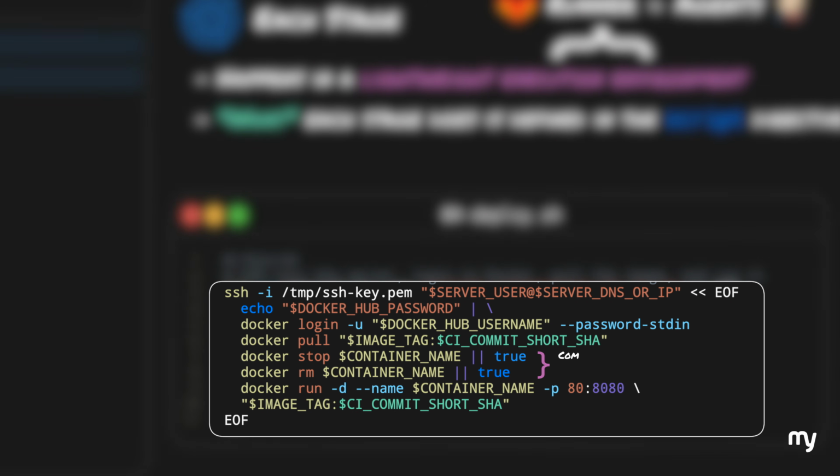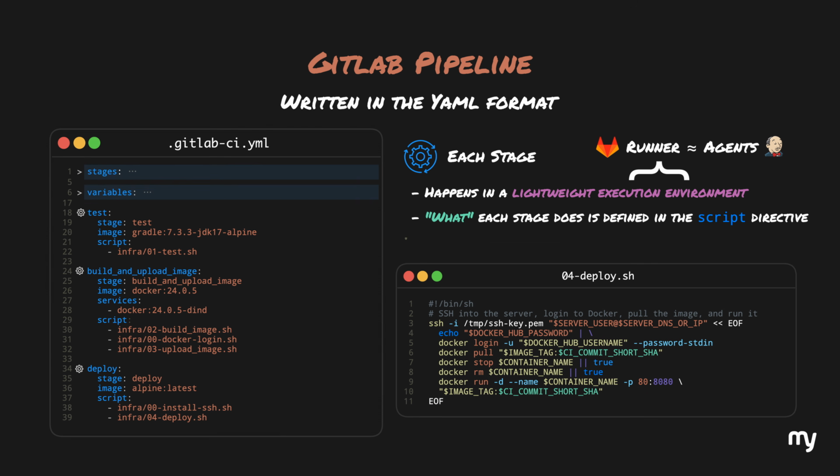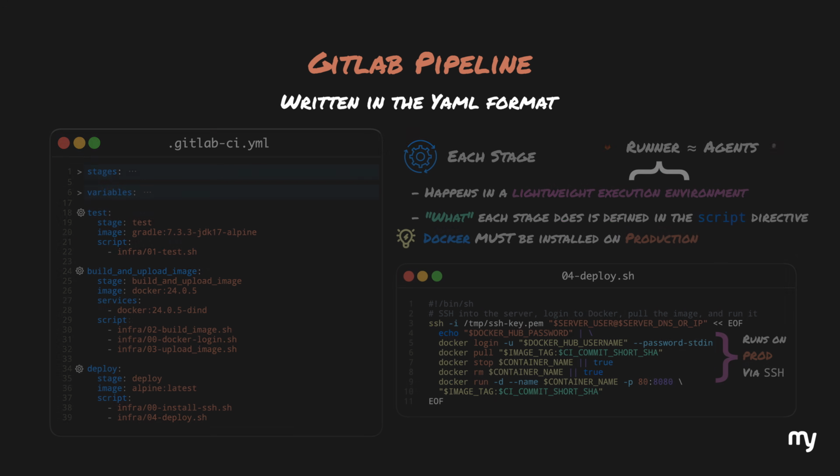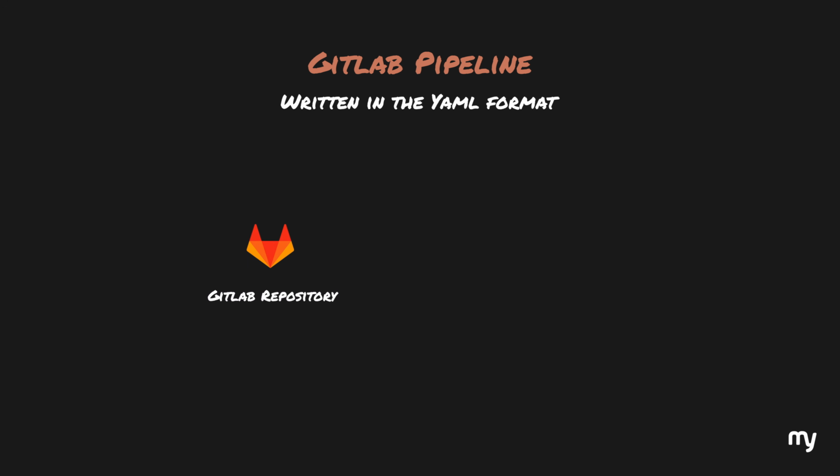We also added the commands to remove any previous containers of the same image in case we are redeploying. Please note that the Docker CLI and daemon must be installed on your production server. Because all this Docker login, pull, and run that we are actually doing on our production server via SSH and not in our runner.